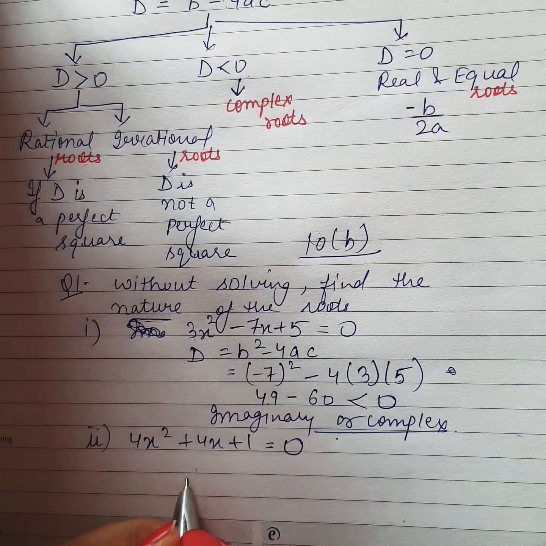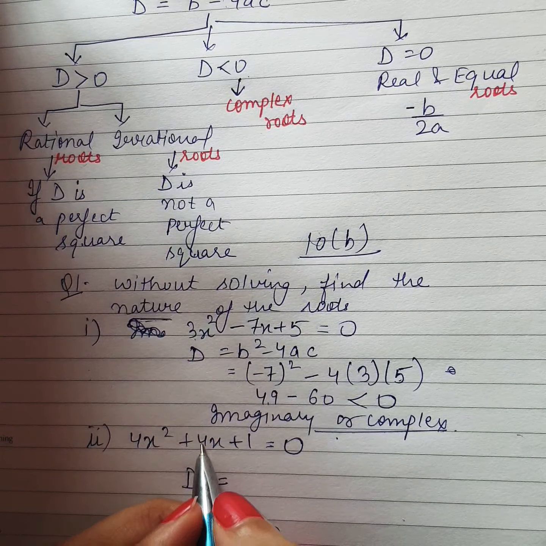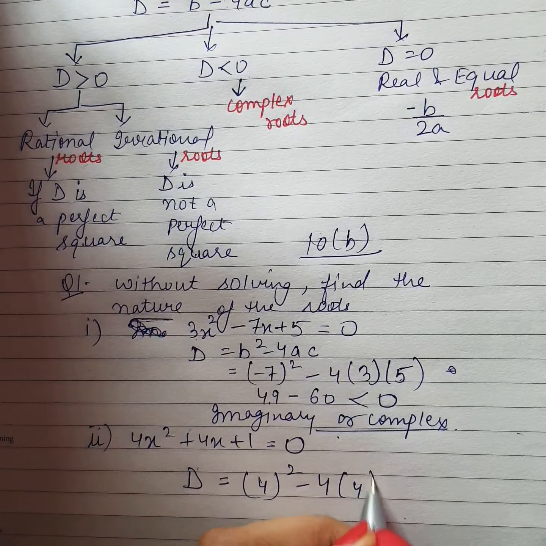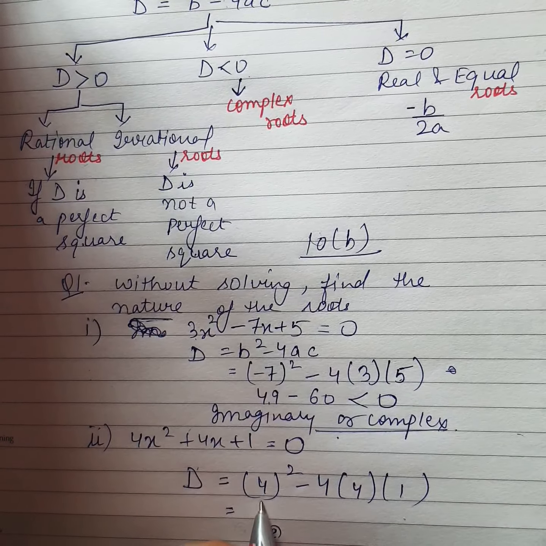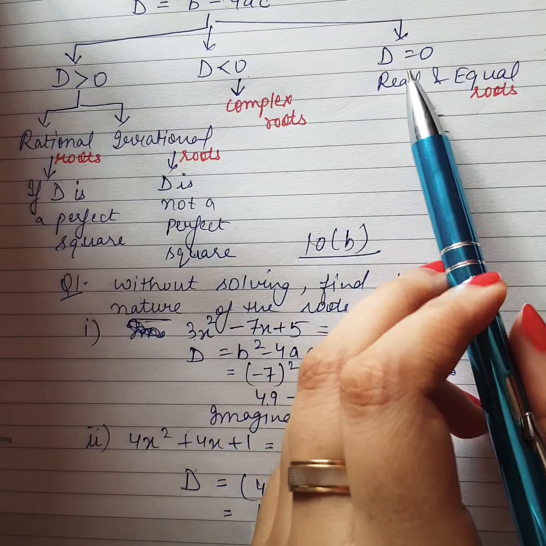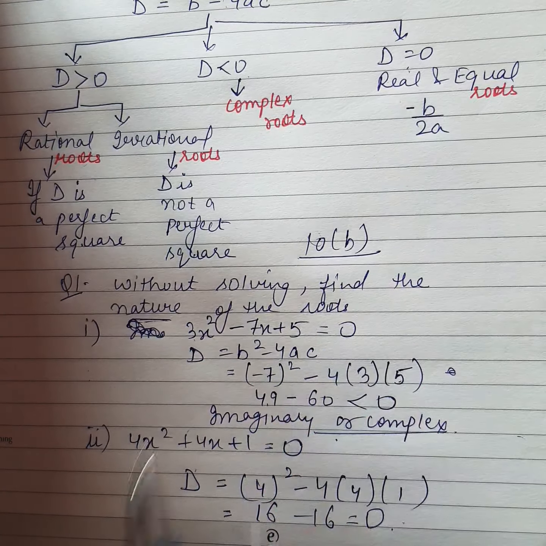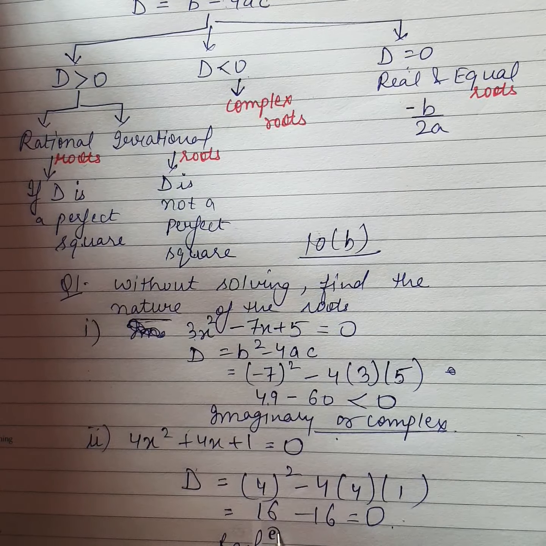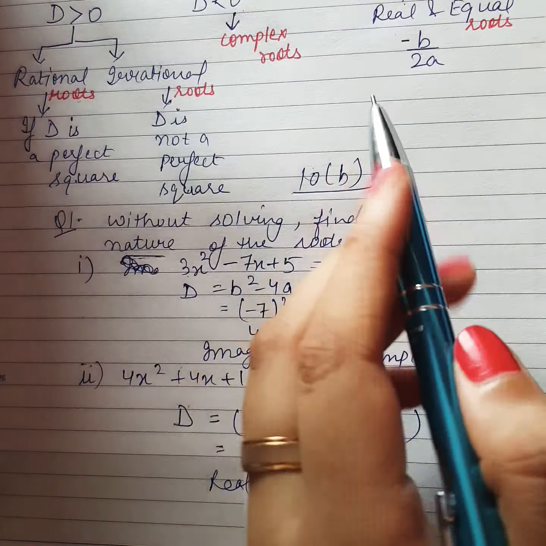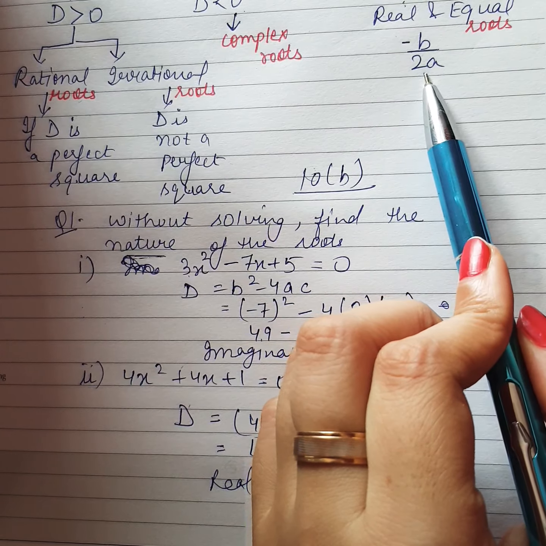Let's try this. D is equal to b square minus 4 into a into c. 16 minus 16, 0. In case of 0, the roots are real and equal, and each root will be equal to minus b by 2a.